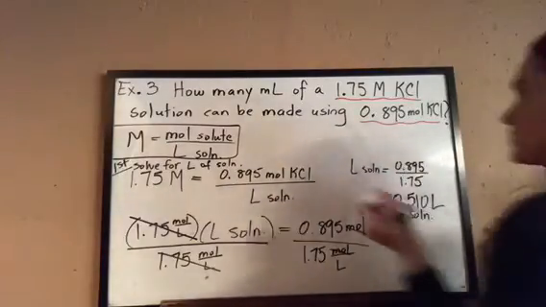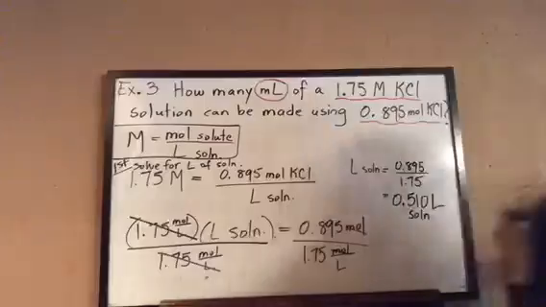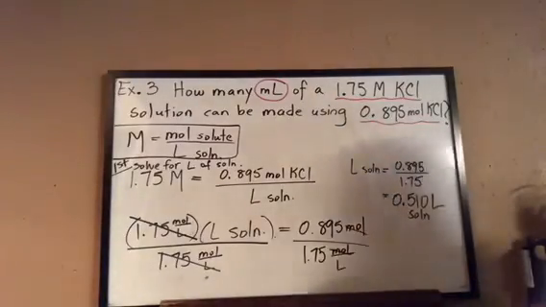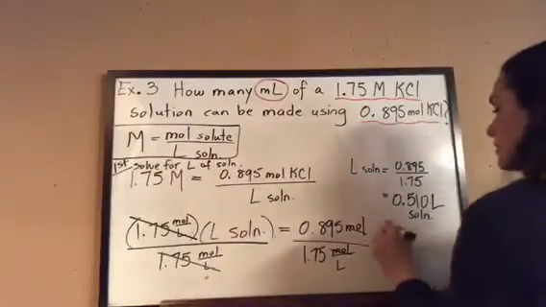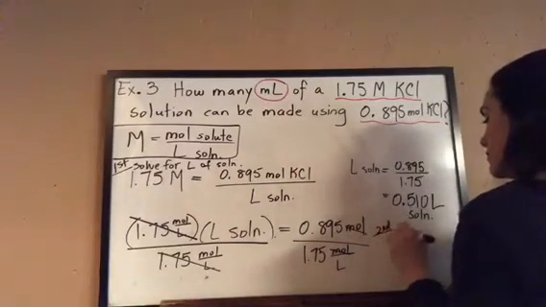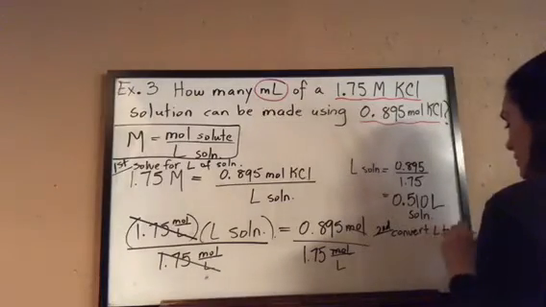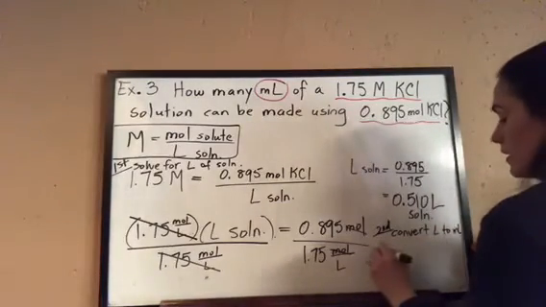However, we are asked to find the final answer in milliliters. So the very last step would be to convert the liters into the equivalent milliliters. So second would be convert liters to milliliters.